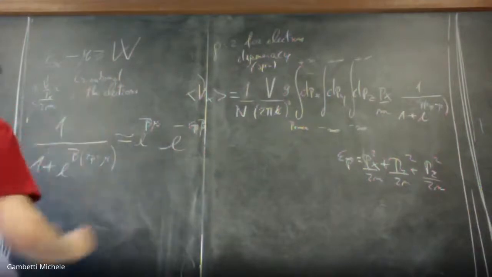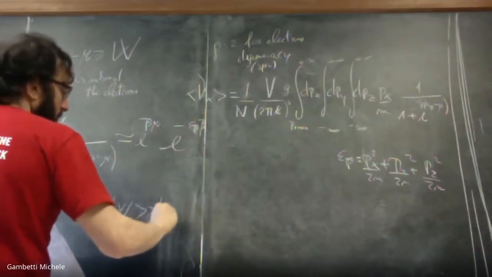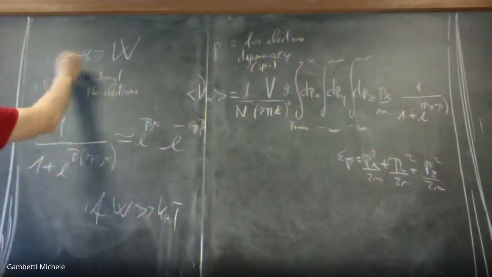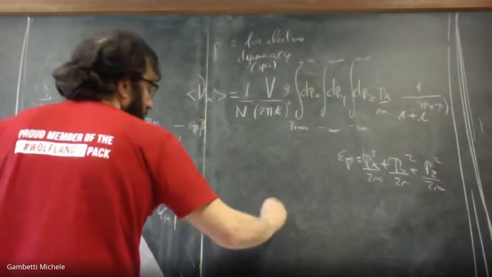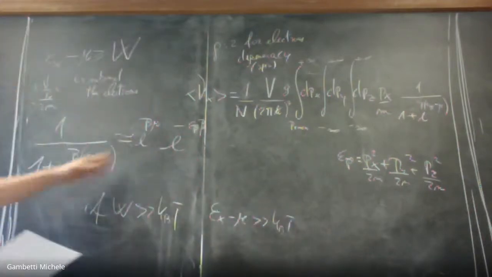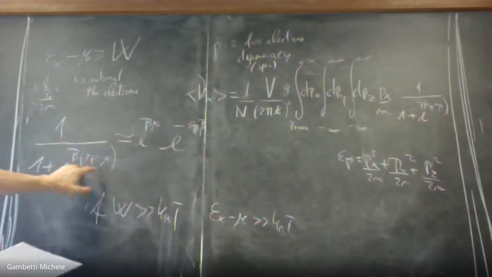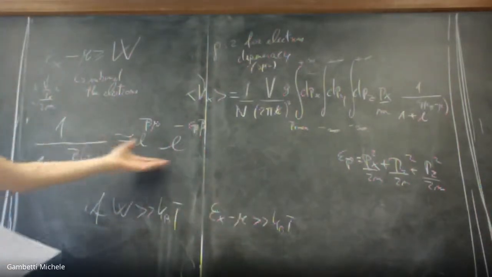If W is much larger than KBT, then we can say that also Ex minus mu is much larger than KBT. And therefore, we can assume that this function dominates over the KBT, and we can approximate to a Maxwell.